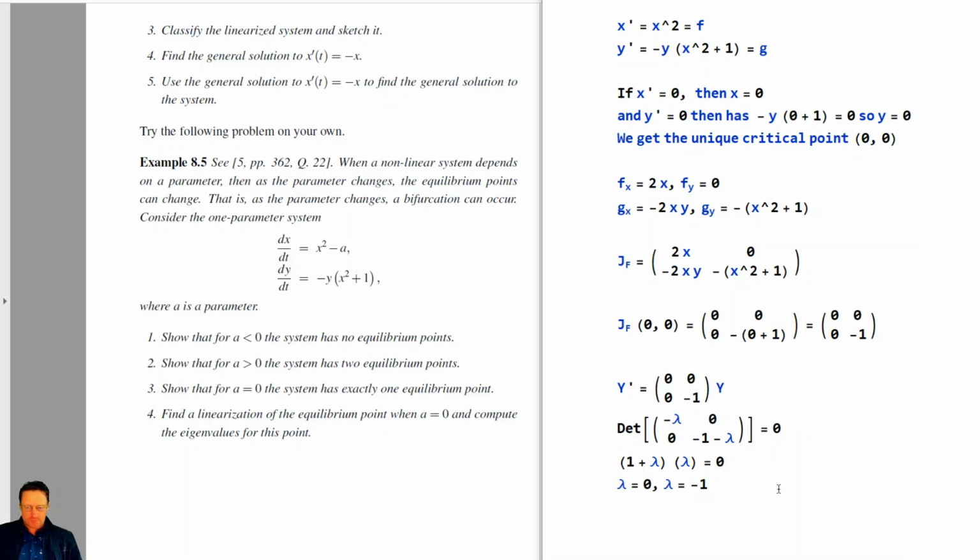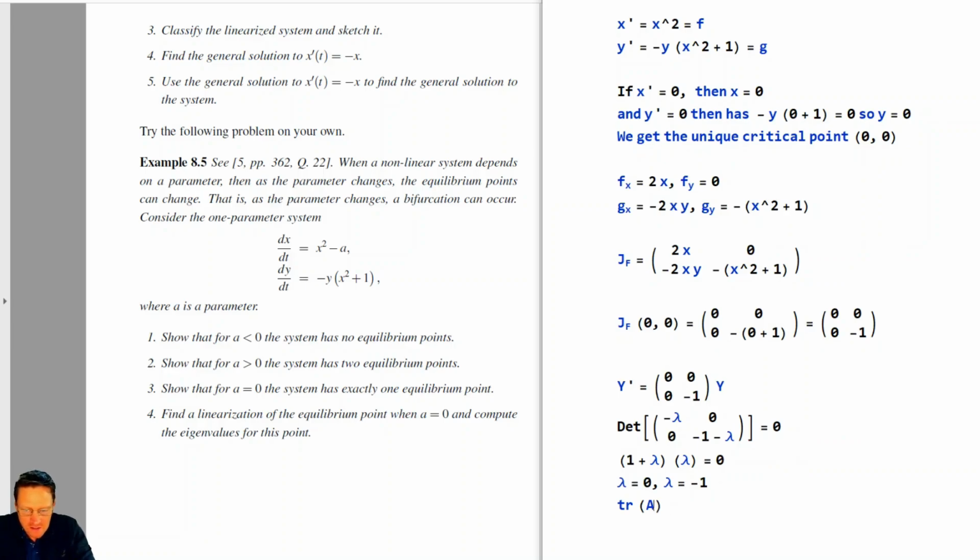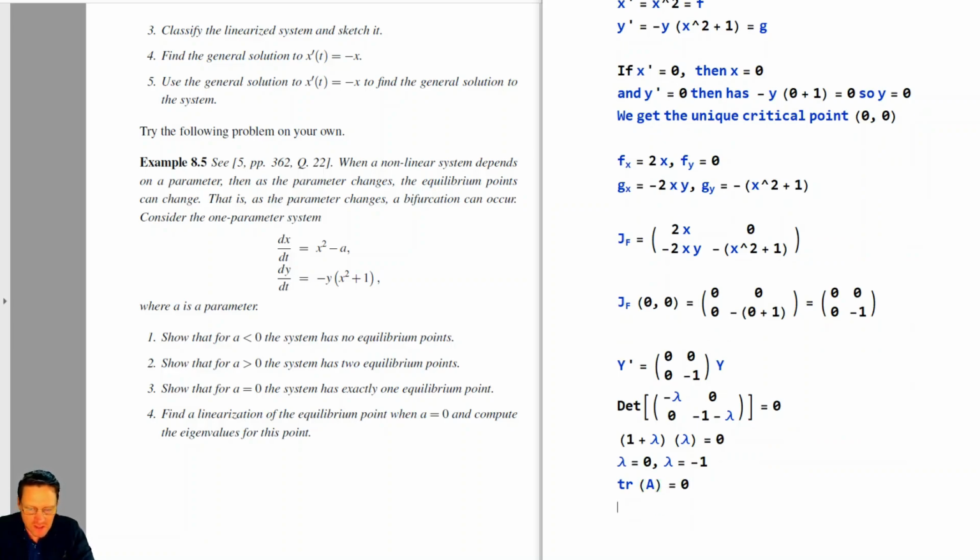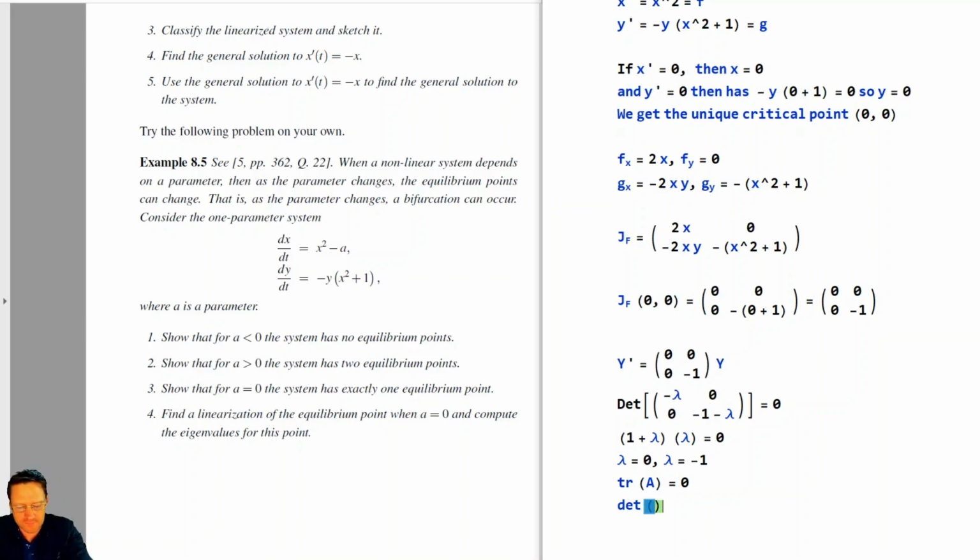So now let's classify what we've got here. We've got a negative trace and a 0 determinant. So trace of A is minus 1 and determinant of A is 0.